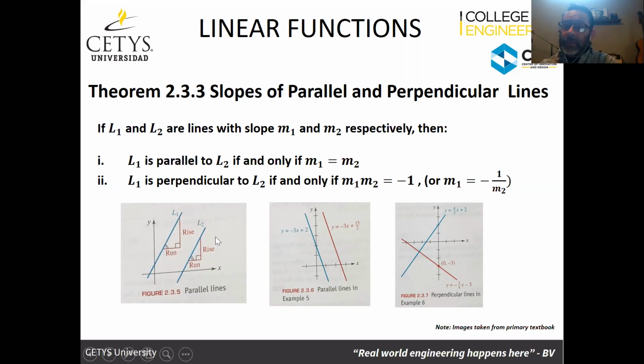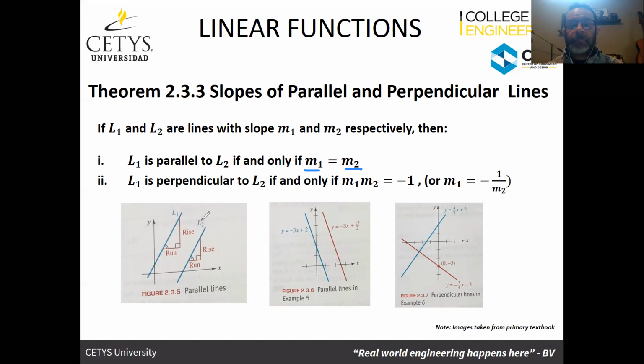For this to happen, their slopes have to be identical. So we know that two lines are parallel when their slopes are the same. If line 1 has a slope of m1 and line 2 has a slope of m2, and the slopes are the same, then the lines are parallel.